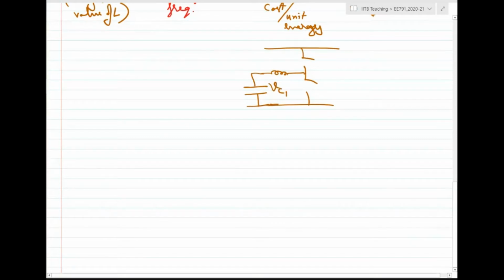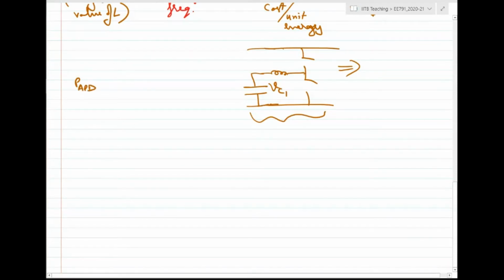This is VC, right? Now, as we understand, the power on this right-hand side in the inverter is oscillatory, and we would like this full circuit to absorb that oscillatory component of the power. APD stands for active power decoupling.